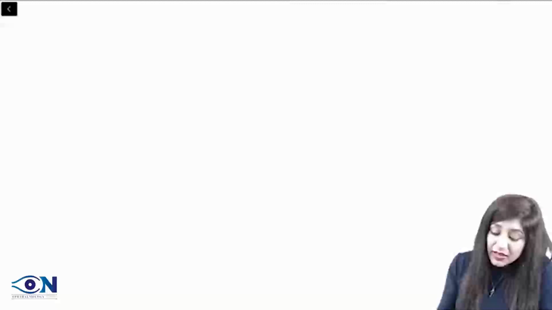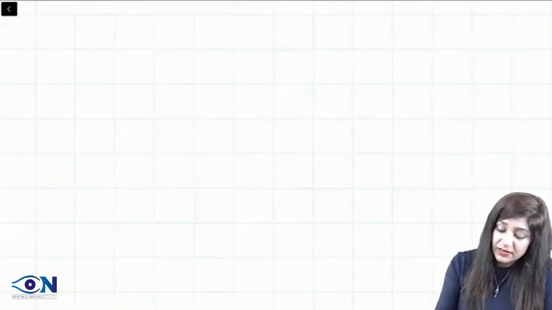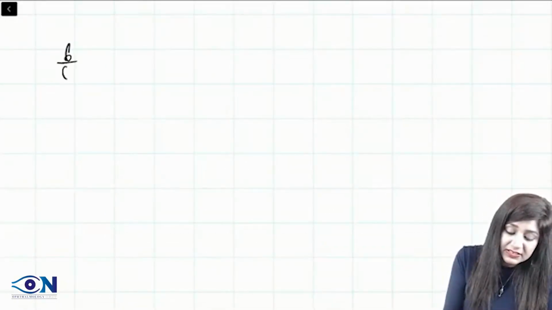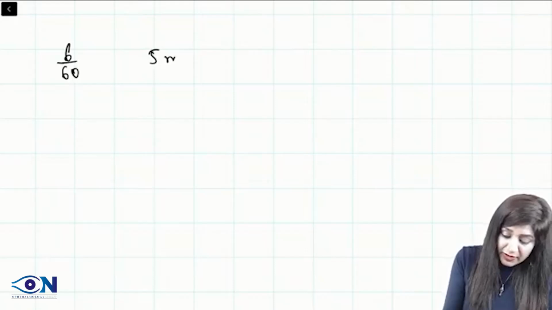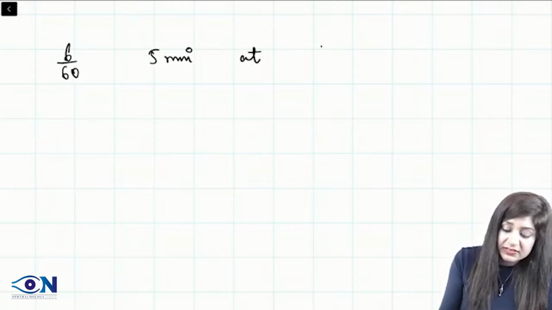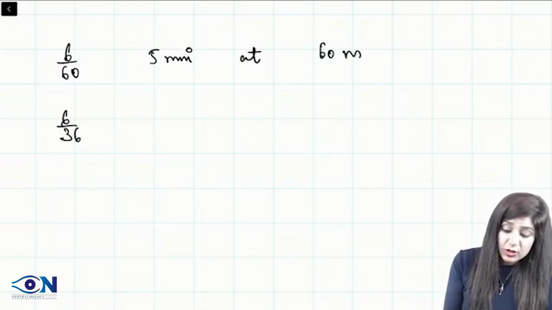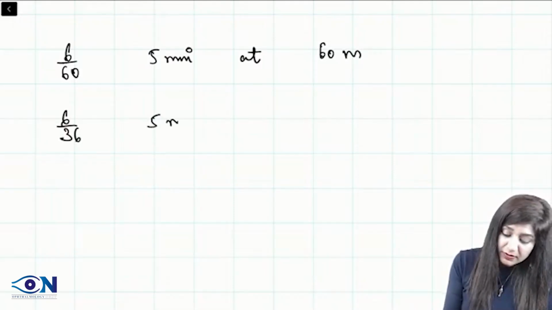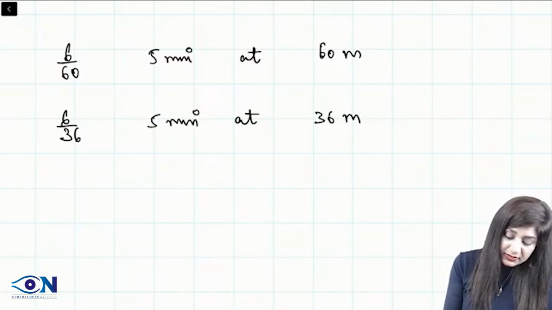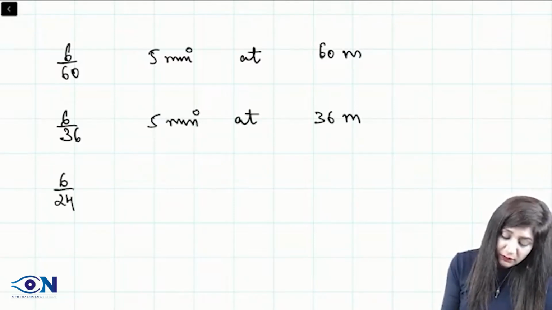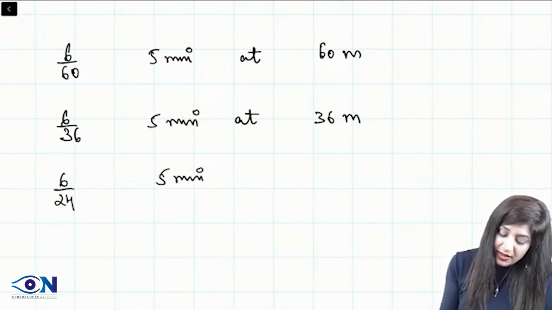Now respective distances means if I talk about 6 by 60, this will make 5 minutes at the 60 meters. Similarly, when I talk about 6 by 36, respective means this will make 5 minutes at 36 meters. 6 by 24 means it will make 5 minutes at the 24 meters.